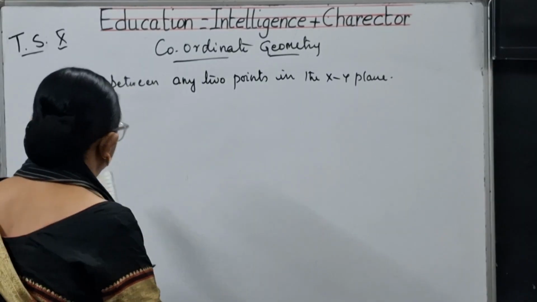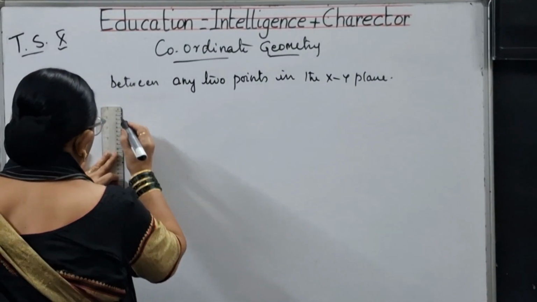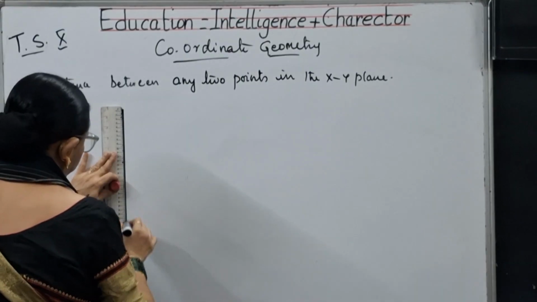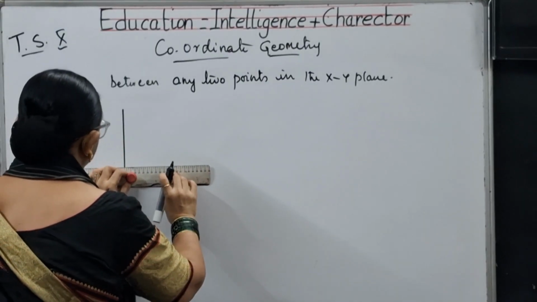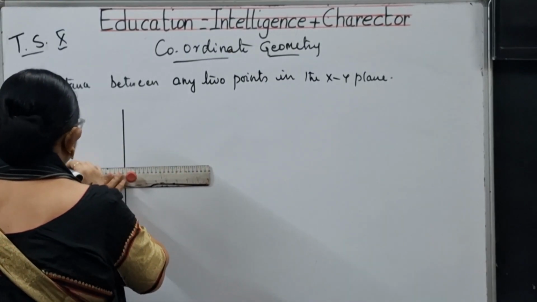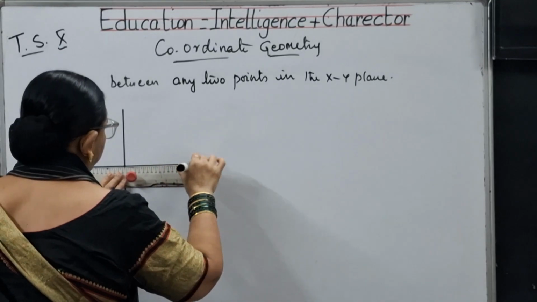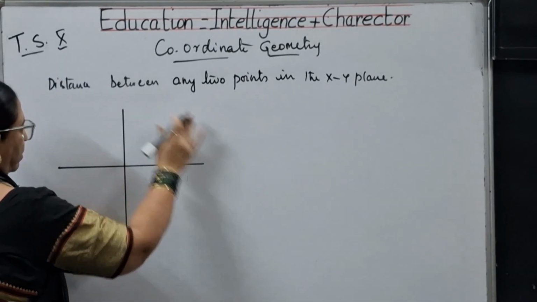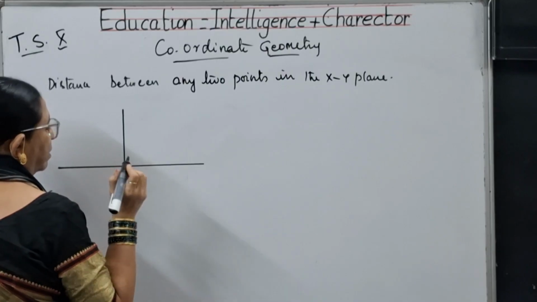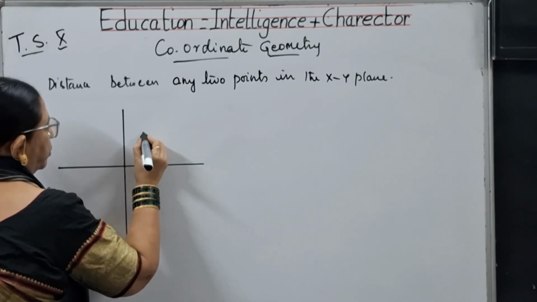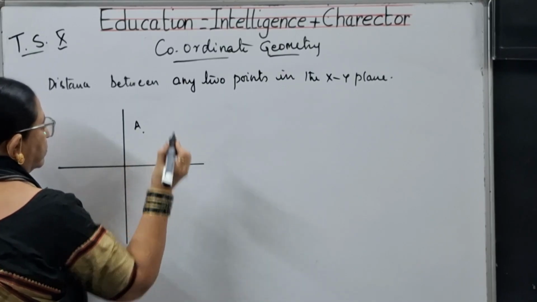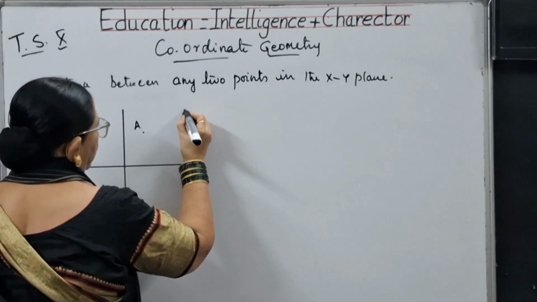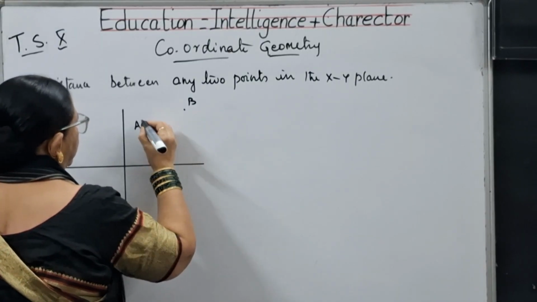That means they don't have either the x coordinate or the y coordinate the same. That kind of points, about that we are going to consider. So let us see this as the x and y axes. Let me take a point A here and a point B here.